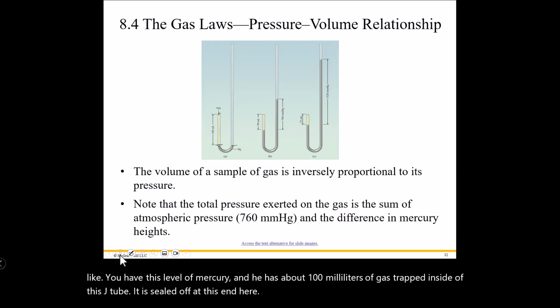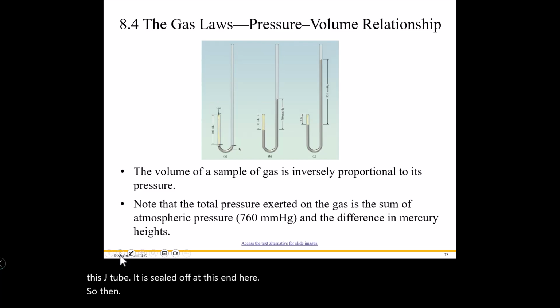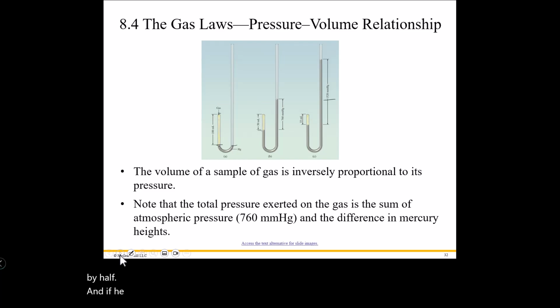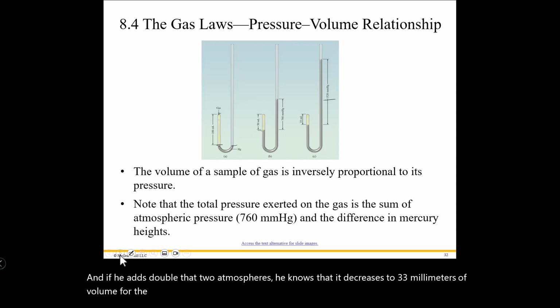So then, if he increases the amount of mercury in the tube to 760 millimeters, which is an atmosphere of mercury, he notices that the volume is decreased by half. And if he adds double that, 2 atmospheres, he knows that it decreases to 33 milliliters of volume for the gas here, the air.